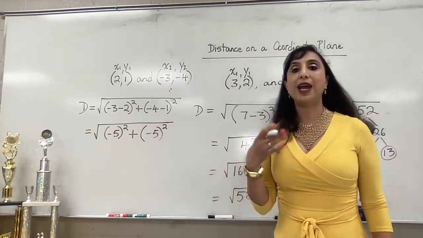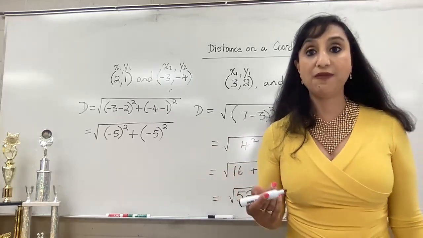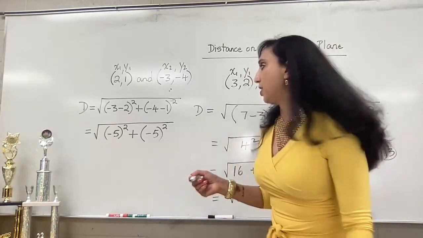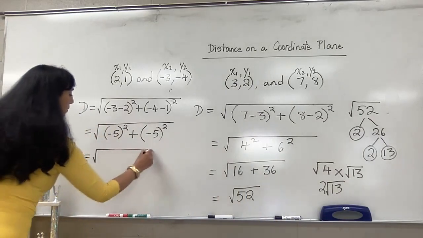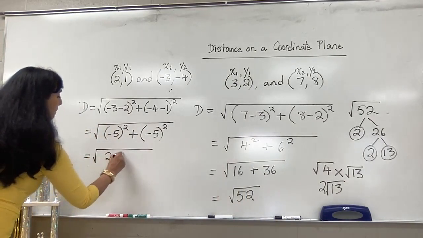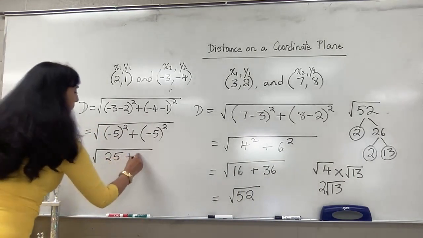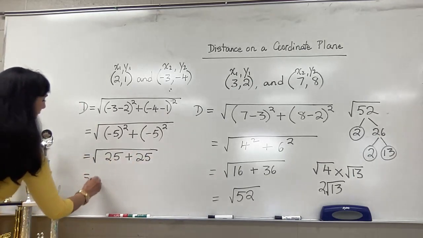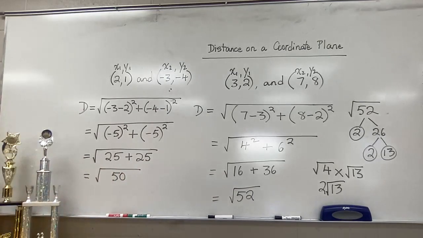Negative times negative becomes positive, so -5 times -5 gives me positive 25. This is 25 plus -5 times -5, which also gives me 25. When I add this up, 25 plus 25, I get 50.